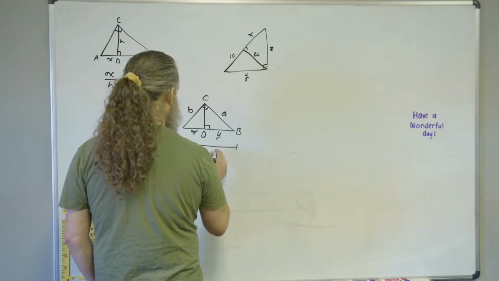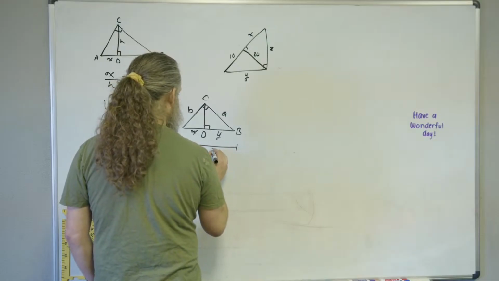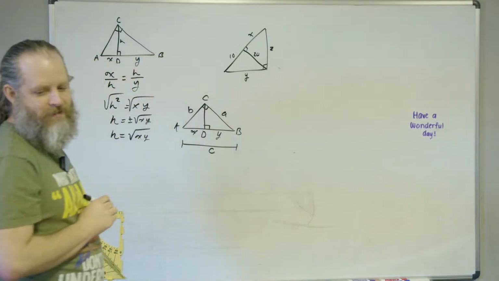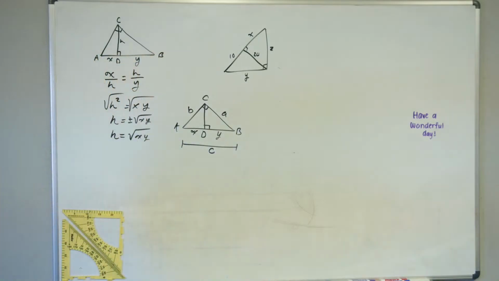I probably would have done the same. This is length of C, right? So how do these proportions work with the legs?